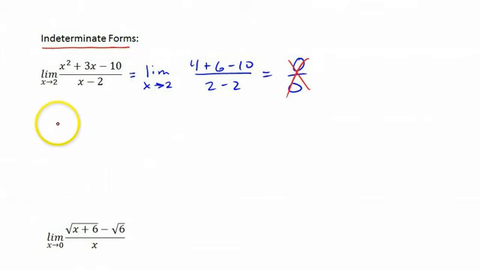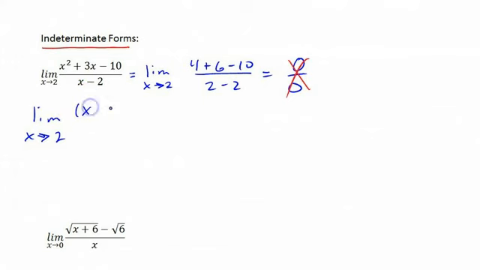And so we have a couple of strategies that we can use to get around that, and hopefully you will be able to factor and convert this rational function that is indeterminate into a function that is no longer indeterminate.